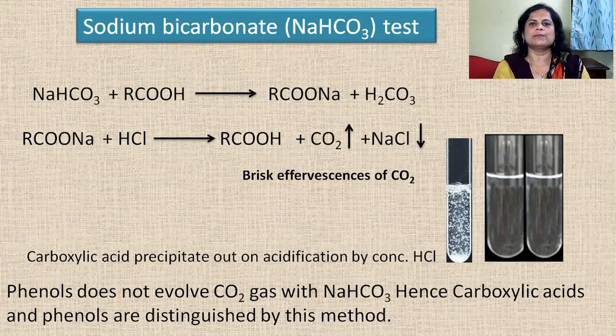The next test is the sodium bicarbonate test, and by using NaHCO3 we can identify the presence of acid. When sodium bicarbonate reacts with the acid, the sodium salt of carboxylic acid forms, along with H2CO3. When you add HCl to that sodium salt of carboxylic acid, it forms the acid as a precipitate, with brisk effervescence of carbon dioxide, CO2.